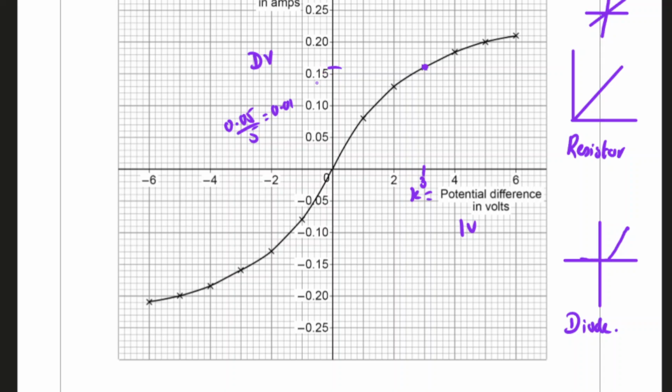That means if I add 0.01 to 0.15, this value is 0.16 amps when the potential difference is 3 volts.